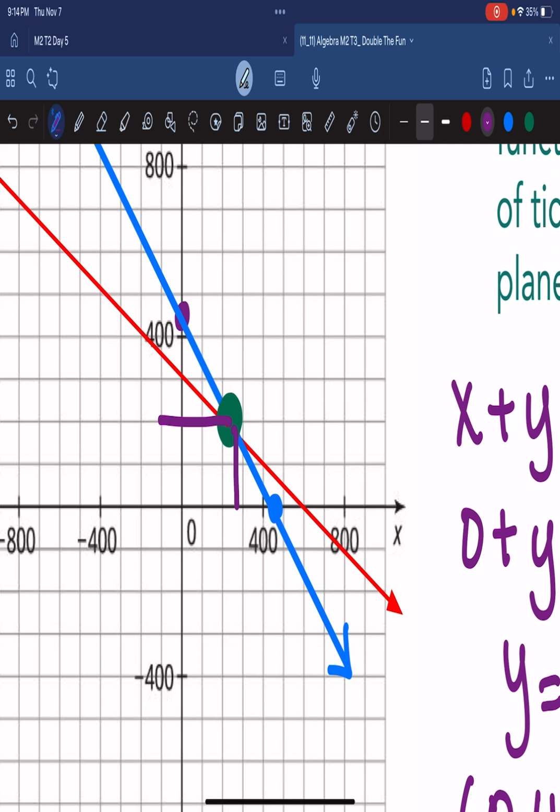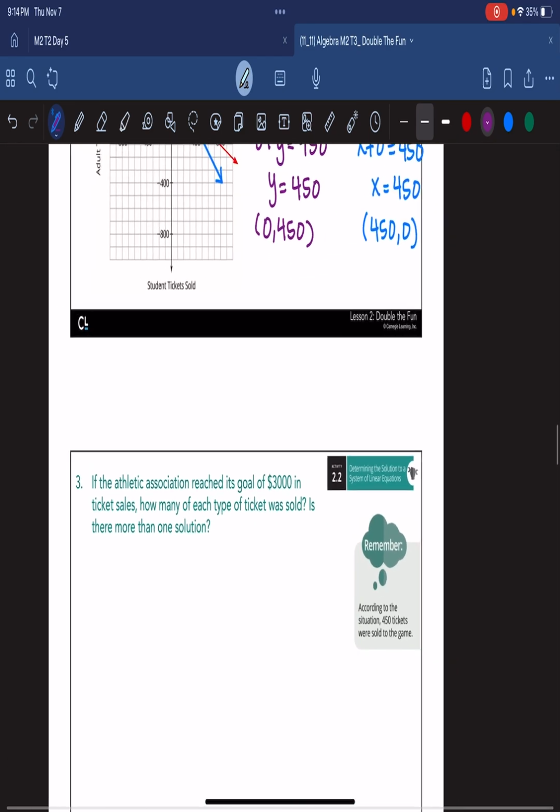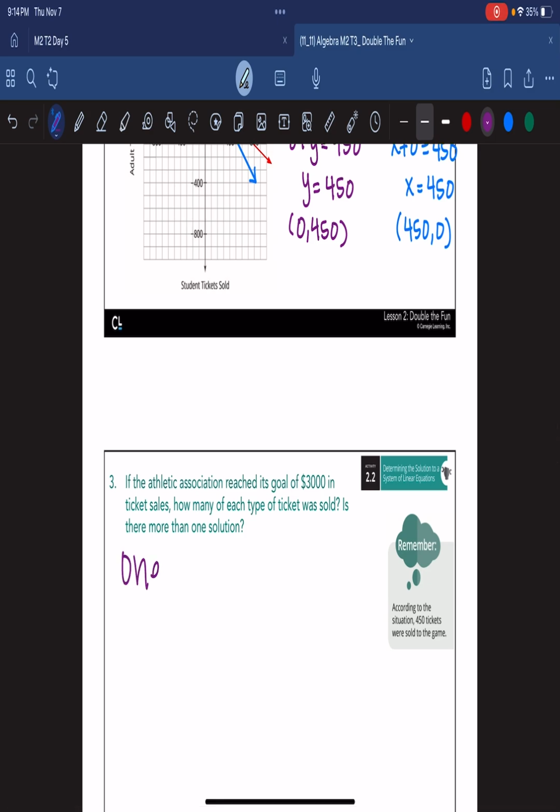Again, there's human error here, so it might not be exact. But I do know there's only one solution. How do I know there's only one solution? They intersect at one point.